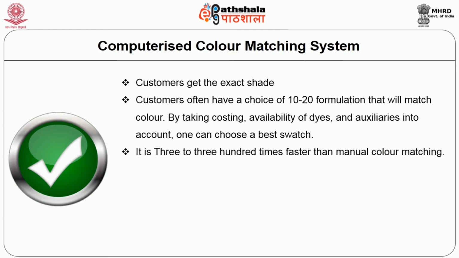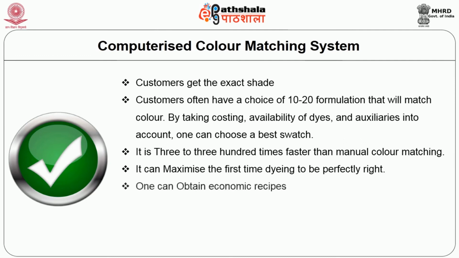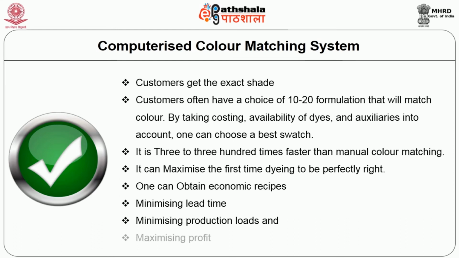It is 300 times faster than manual color matching. It can also maximize the first-time dyeing to be correct. One can also make economic recipes, and this can also help in minimizing the lead time and production loads. This will ultimately maximize the profit.